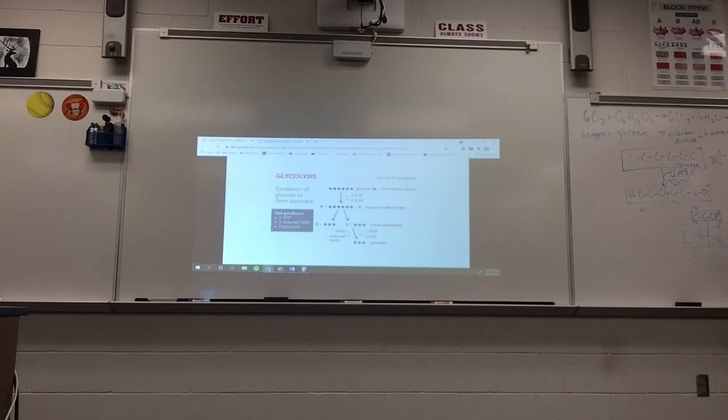Okay? Then from there, you're going to break that phosphorus off. Remind me what happens when you break bonds? It releases energy. So that energy gets released and you form 2 ATP, just the reverse here. They end up being formed from 2 ADP. Really what you need to know is that this is 2 ATP being formed here.